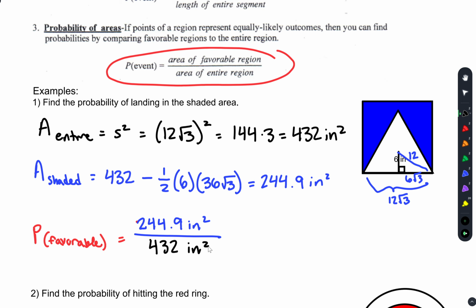When we put that number into our calculator, we're going to get a nice decimal. It's going to come out to 0.5668. Something.